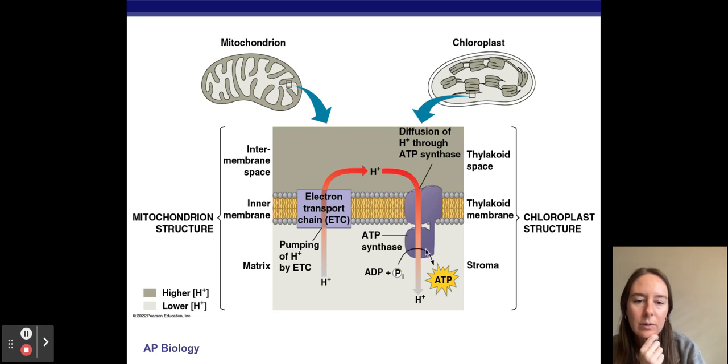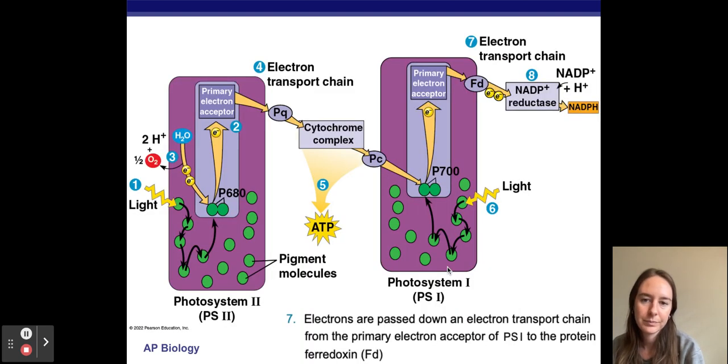All right, so notice here that we are making some ATP as we are diffusing hydrogen ions down their concentration gradient. So electron transport chains are really important. Their job is to generate a concentration gradient, a chemiosmotic gradient, or an electrochemical gradient, where now you can use ATP synthase, the energy from passive diffusion here, to generate ATP.